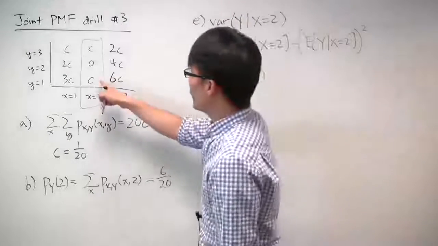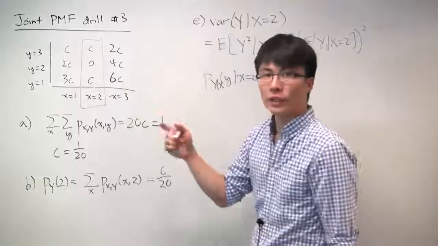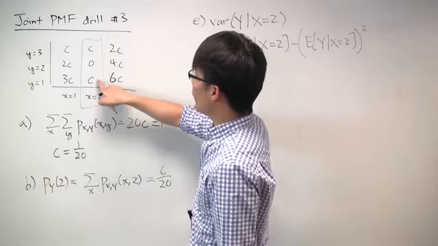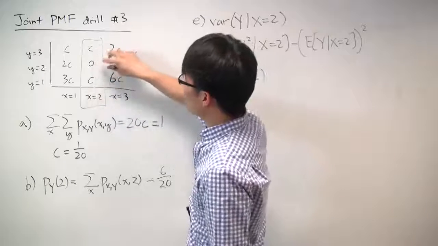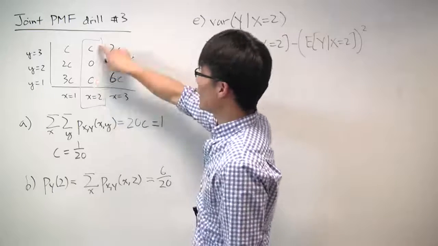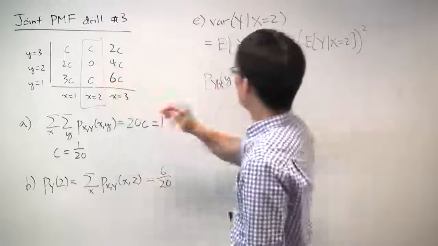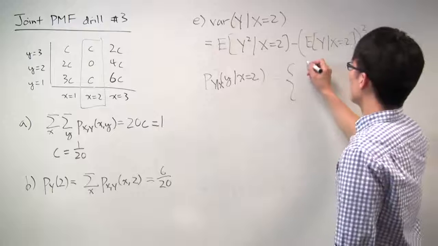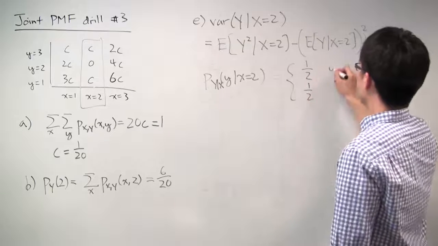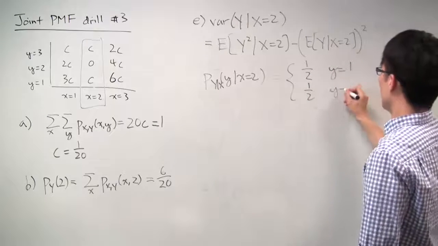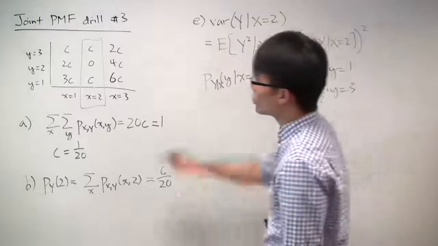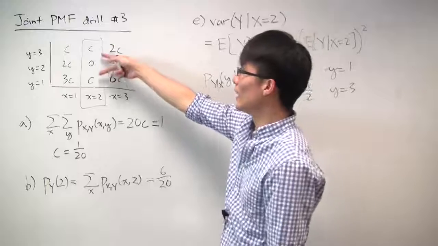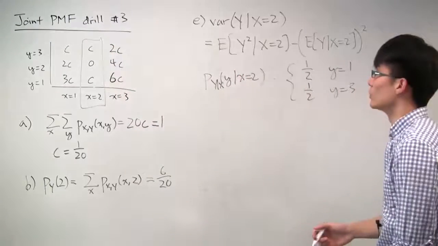We can go through all the steps, but we can see that when x is equal to 2, y can be either 3 or 1, and they have equal probability. So this conditional PMF must be probability 1/2 of being 1 and 1/2 of being 3, because we're just taking this and rescaling it so that it adds up to 1 and becomes a valid PMF.